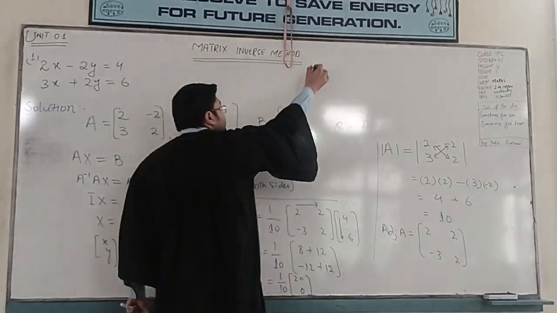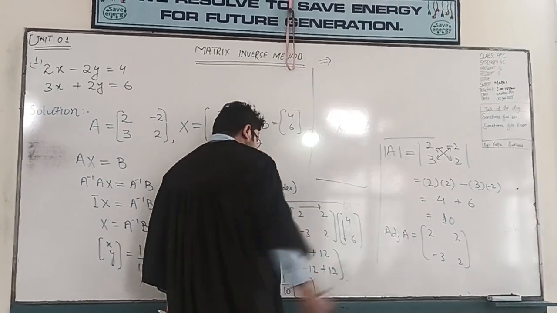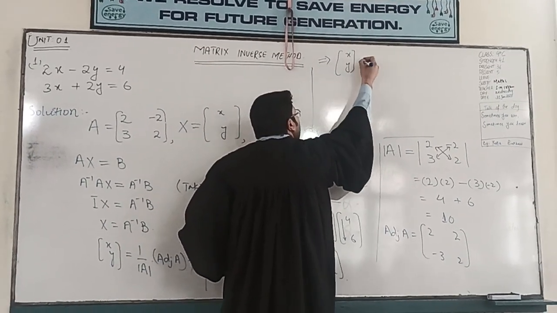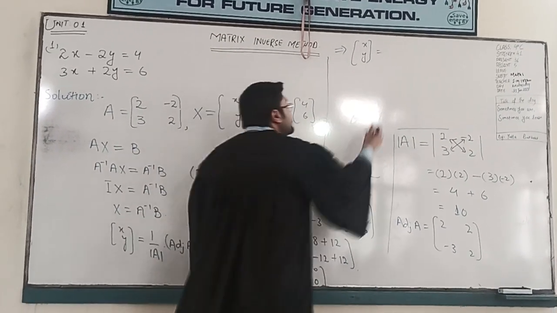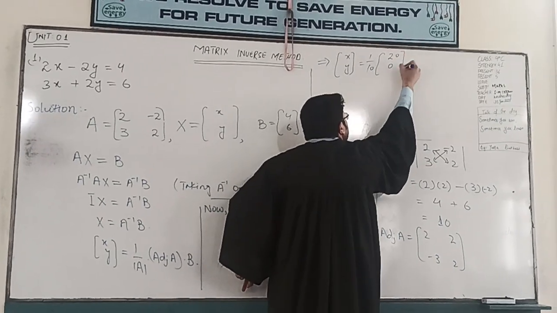Okay? This implies that X and Y is equal to 1 by 10, 20 and 0.